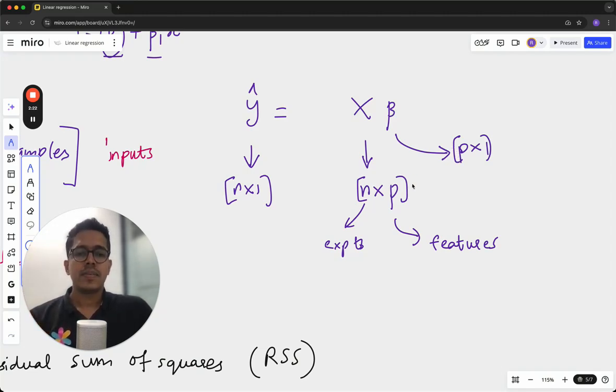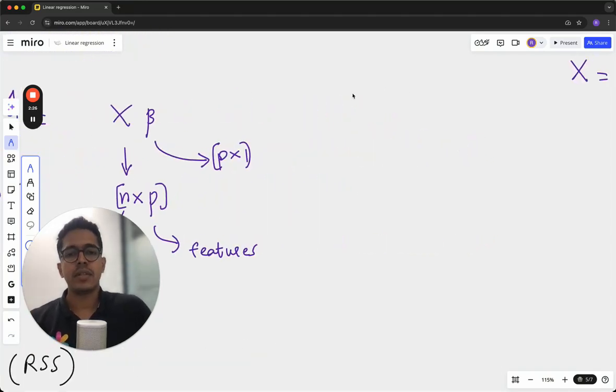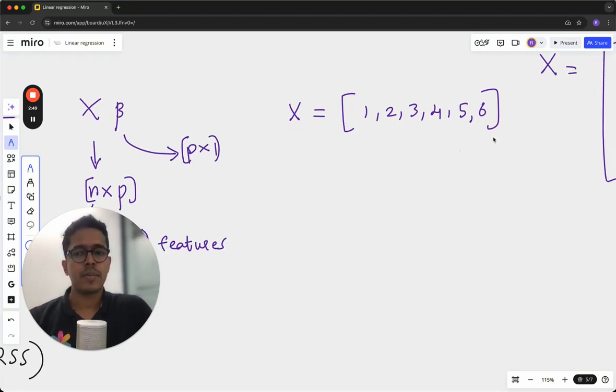Now the question is, how do we incorporate the constant? For that, let's say we have 3 dimensions and 2 experiments. Then all we need to do is something like this. Let's first take the case of having only one dimension and n number of experiments. Say the input array is 1, 2, 3, 4, 5, 6.